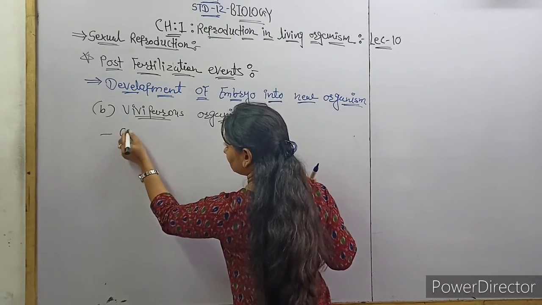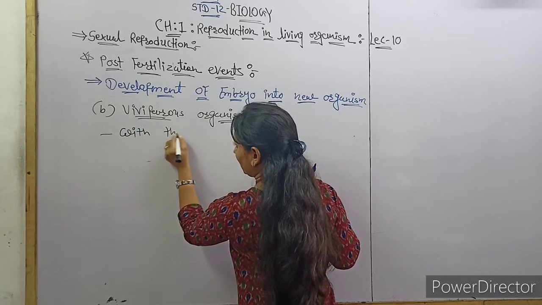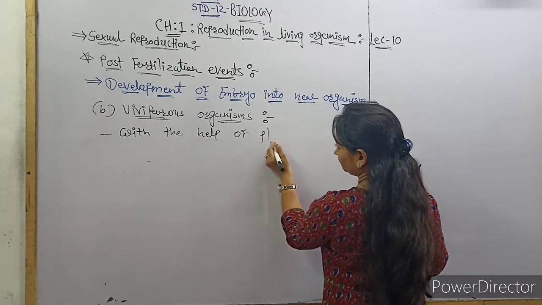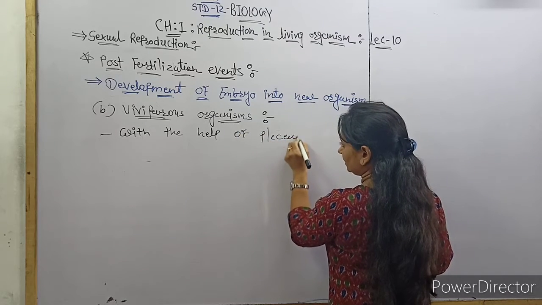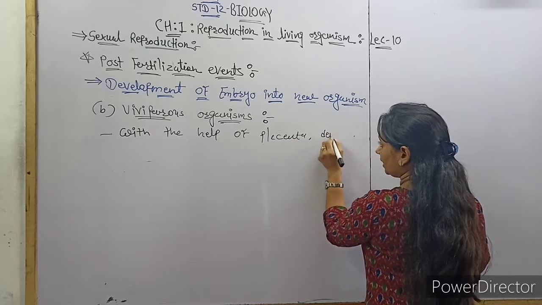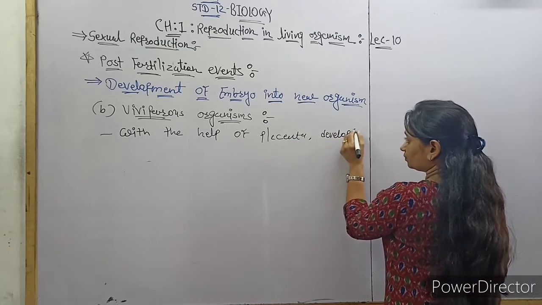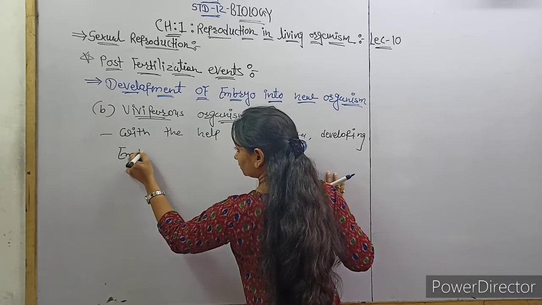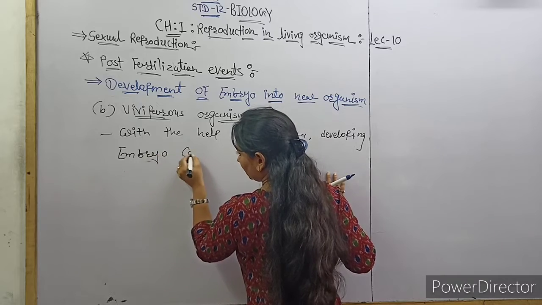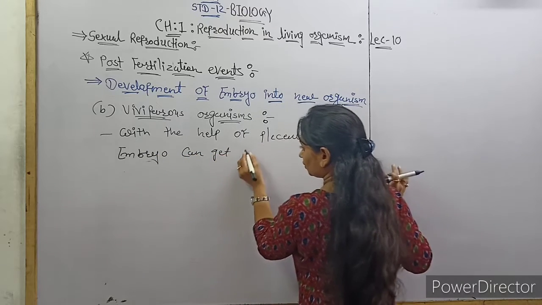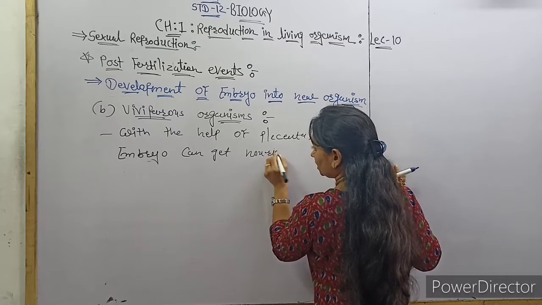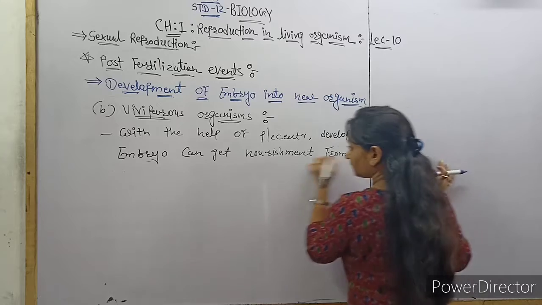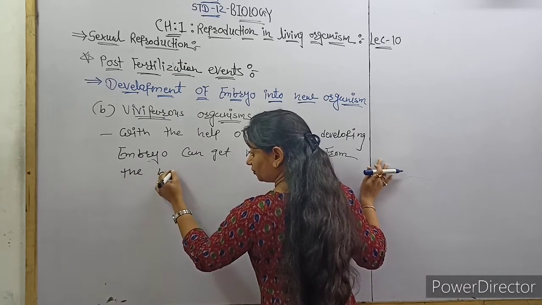So we can say that with the help of a placenta, the developing embryo can get nourishment from the body of a female.